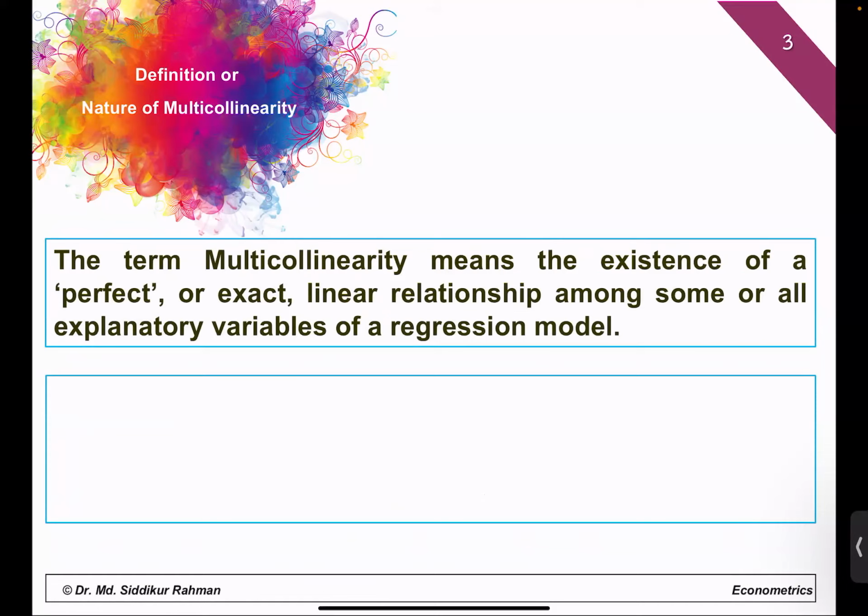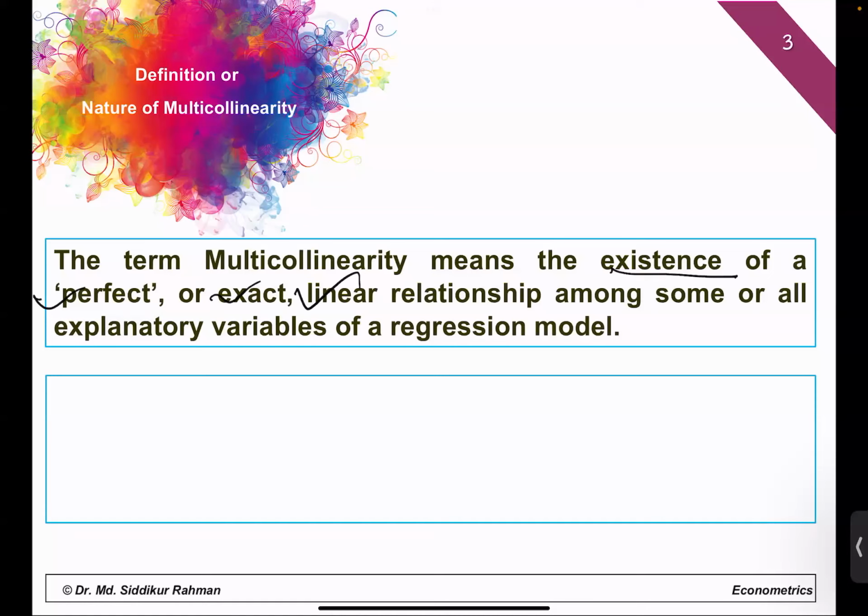So if you are running a regression model, first you have to check whether there is an existence of a perfect or exact linear relationship among some or all explanatory variables of the regression model.